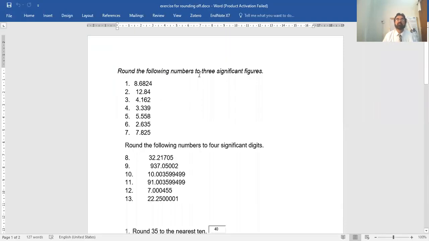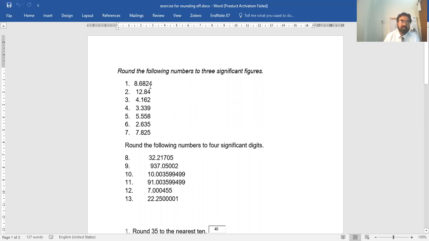Now, rounding of the numbers to 3 significant digits. Look at the first one. If you want it up to 3 significant figures, 3 significant figures mean 1, 2, and 3. So if you round it to 3 significant digits after the decimal, then you have to come up to 2.